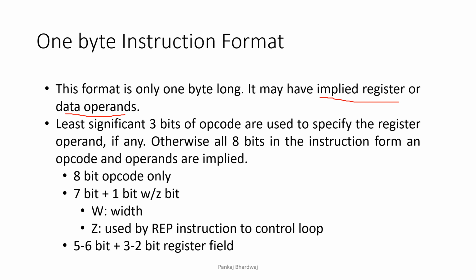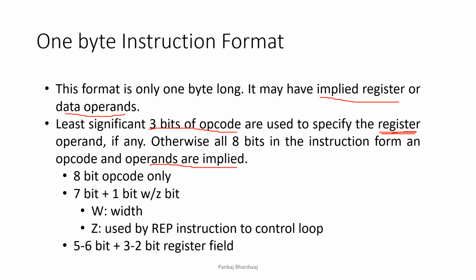In other combinations, we can also use a 3-bit field of the opcode byte to specify the register. Otherwise, all 8 bits form an opcode. That means that particular instruction is assumed to have implicit or implied operands.